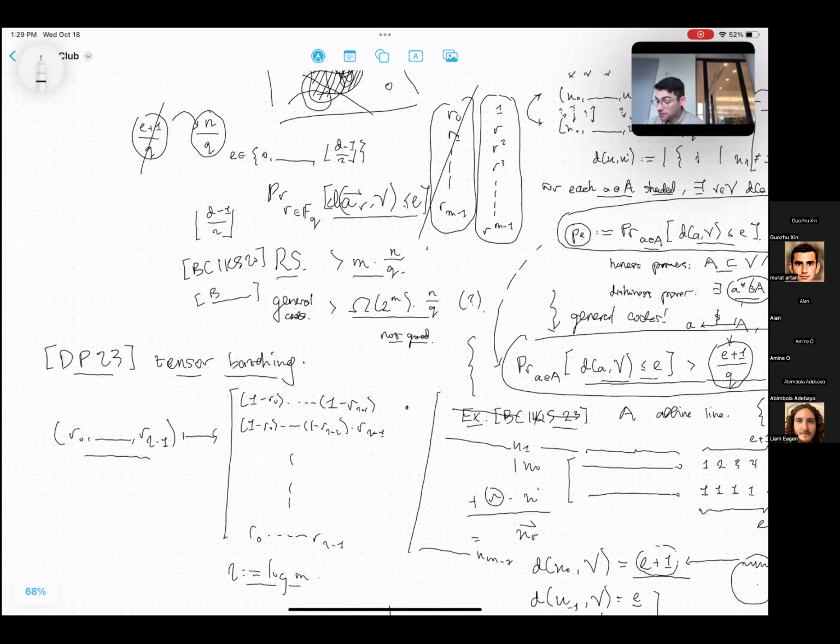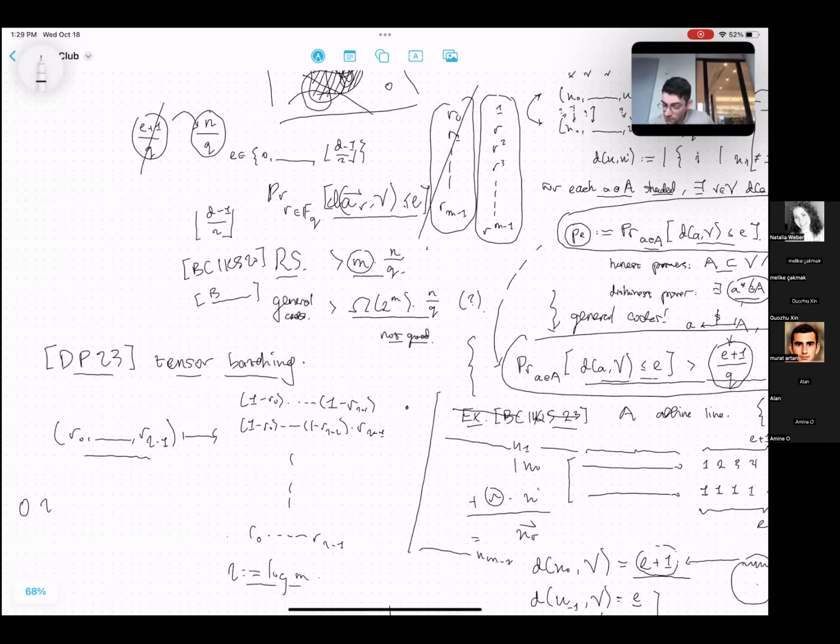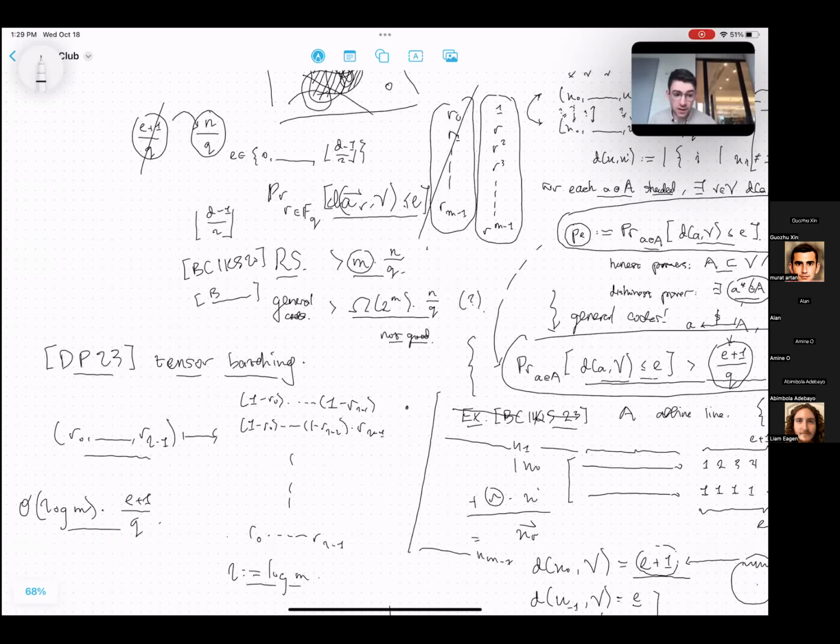Jim and I showed that this kind of batching actually works very well, and the loss in the false witness probability, instead of being linear, is now logarithmic. So this has a false witness probability O of log m times e plus 1 over q. That's a pretty complicated result, but I will just leave it at that for now.